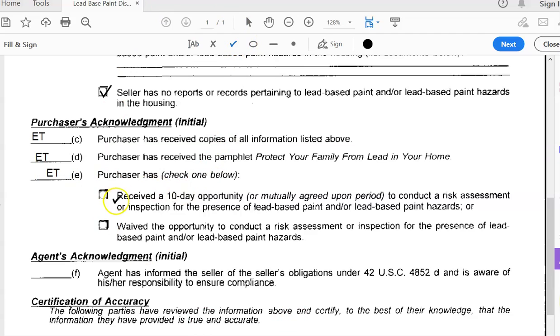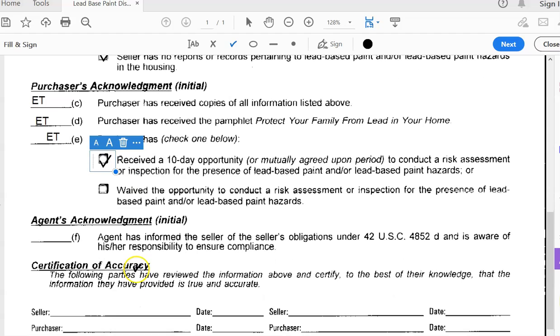They could check either or. Do they want to do one, or do they not want to do one? The choice is purely up to them, and whichever they choose, they have that right. Minimum of 10 days or an agreed upon time, if it's shorter, longer, whatever is agreed upon.